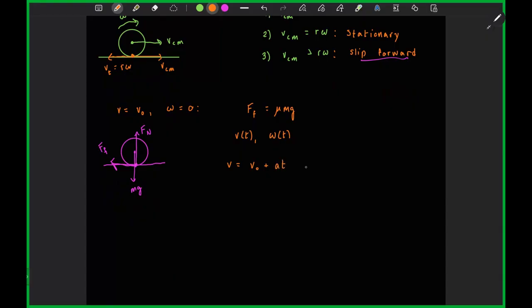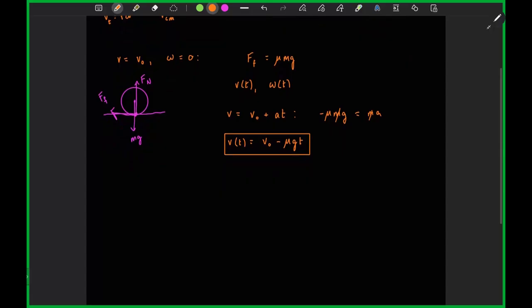Our acceleration will be to the left, opposite of v naught, so it will be negative. Our net force will be negative mu mg, and this will equal ma. So we can write that v of t is equal to v naught minus mu gt, as our masses cancel. That is our velocity as a function of time.